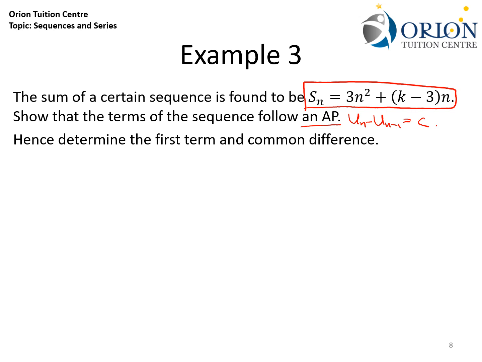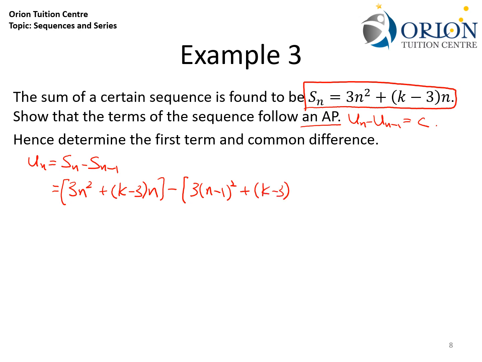However, we can find it very easily because we know that Un must be equal to Sn minus S n minus 1. And therefore, if we do a substitution, we will get Sn, which is 3n squared plus k minus 3 times n, minus 3 times n minus 1 squared plus k minus 3 times n minus 1.